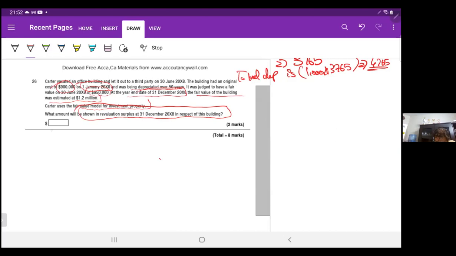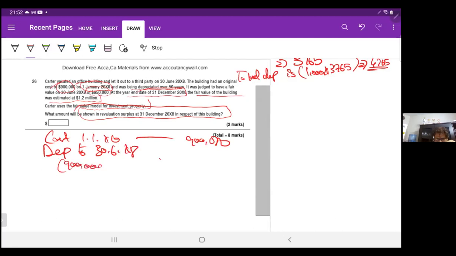So, cost on 1st January 20X0 is 900,000. Depreciation to 30th June 20X8 is 900,000 into 8.5 divided by 50, we will get 153,000. We'll have 747,000.